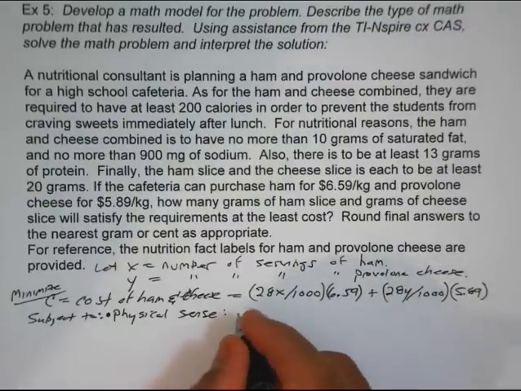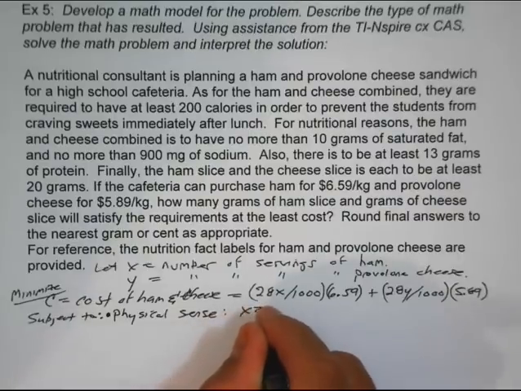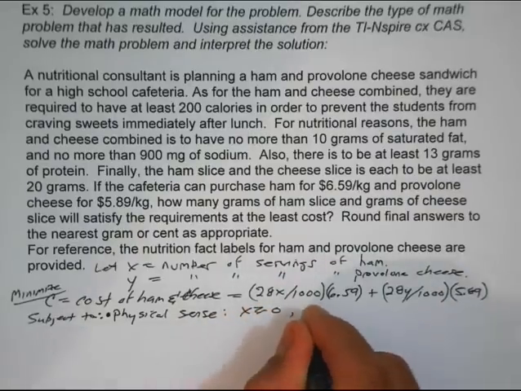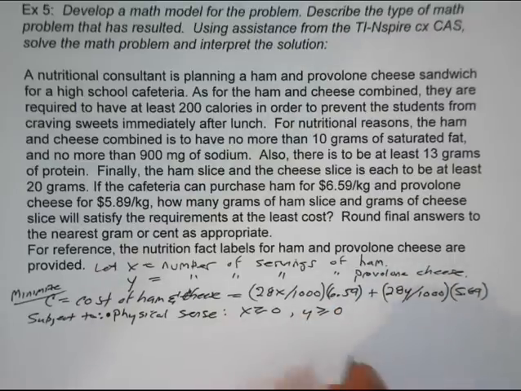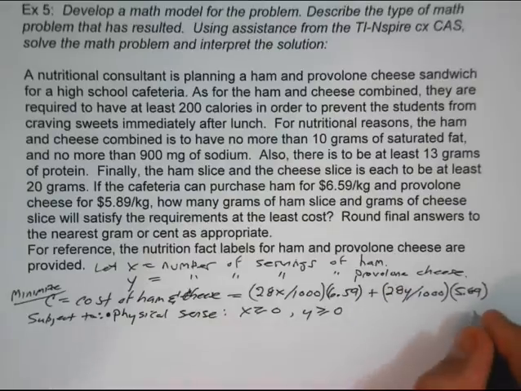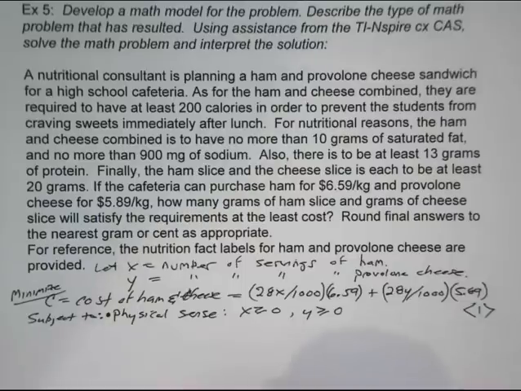Translating that means for physical sense, we're requiring x greater than or equal to 0, and y greater than or equal to 0. To keep track of ourselves, maybe we refer to this as our first inequality, or actually a pair of inequalities. What else?